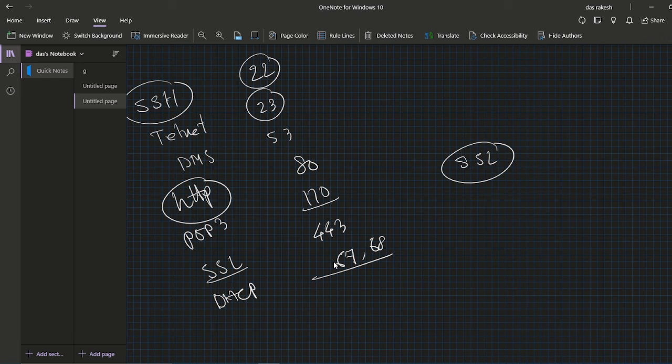And what is SSH? SSH is known as Secure Shell, a cryptographic network protocol for operating network services securely over an unsecured network. Using SSH, we can log in to a remote computer or execute remote commands, and any network service can be secured with SSH. That's why SSH is very important for network services.